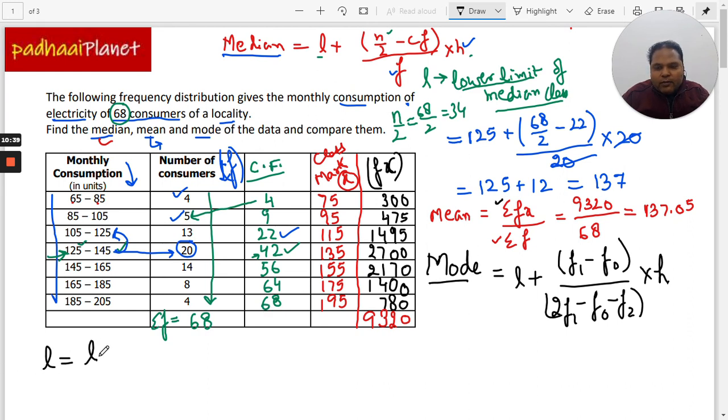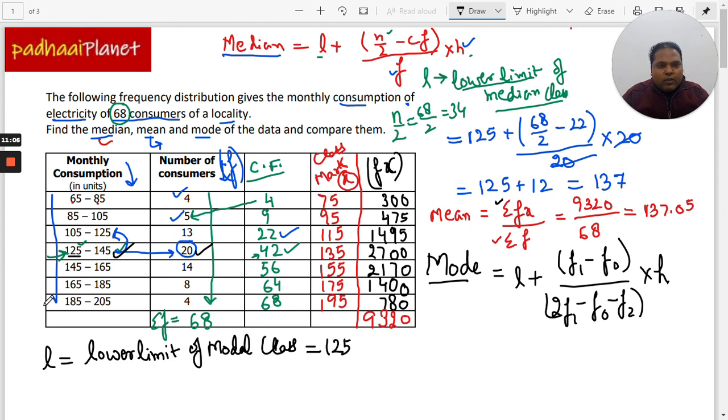So L will be the lower limit of the modal class, right? Now what is the modal class? The modal class is the class interval which has got the highest frequency. So highest frequency is with this, so this is the modal class, and the lower limit for this is 125. So L is equal to 125.